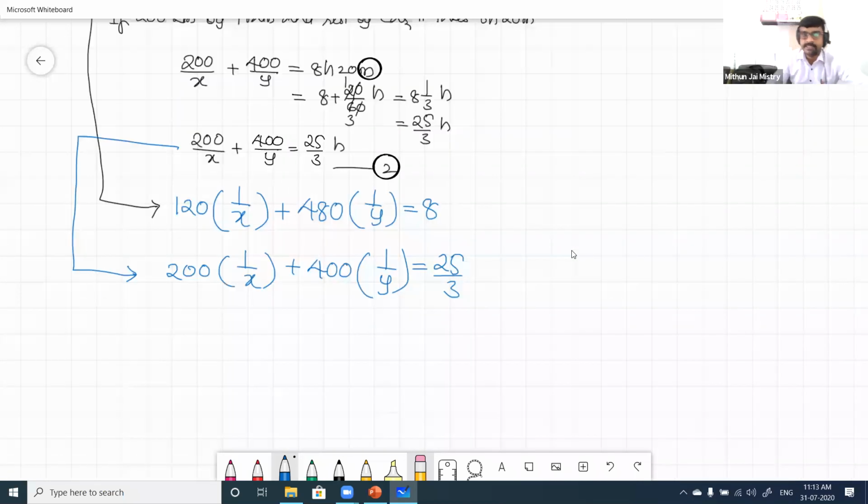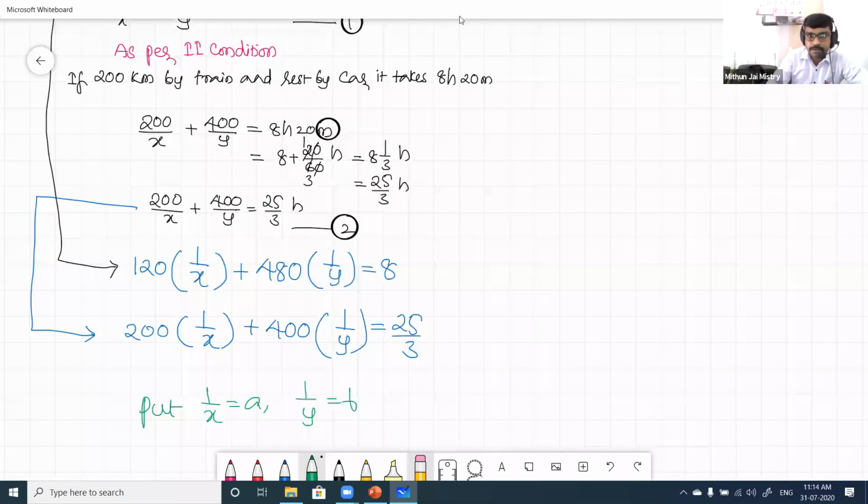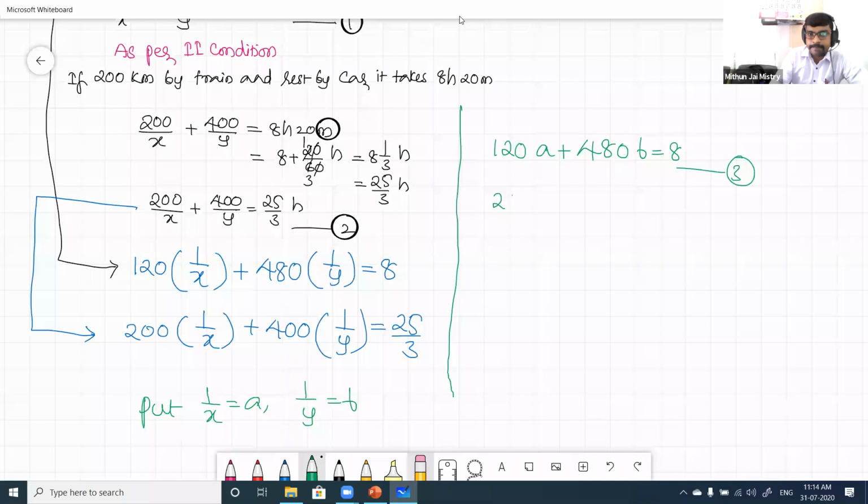The brackets will decide who will be A and who will be B. So I am going to put 1 by x as A and 1 by y as B. If we put that here, we get 120A plus 480B equals 8. This is equation 3. Then we get 200A plus 400B equals 25 by 3. This is equation number 4.